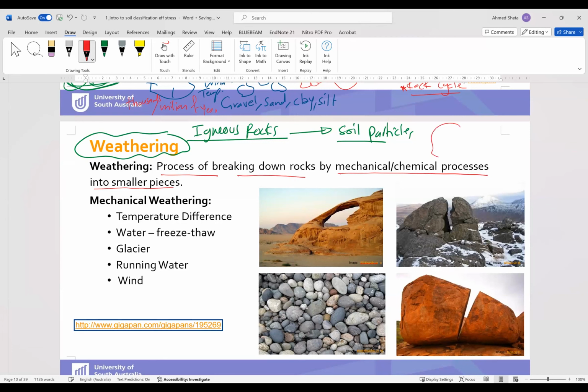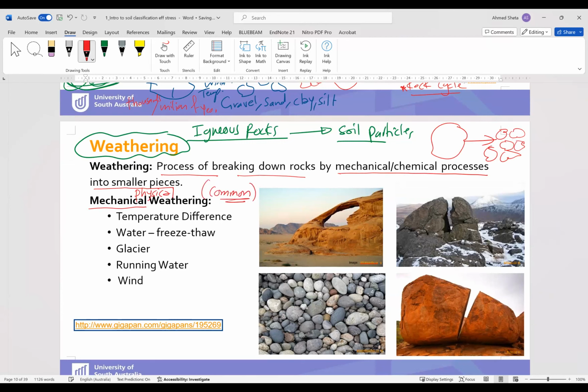So again, we have a big rock, and after weathering it becomes small particles. We have two types of weathering. The first can be called mechanical weathering or physical weathering. We have many types of physical weathering, and this is the common one.